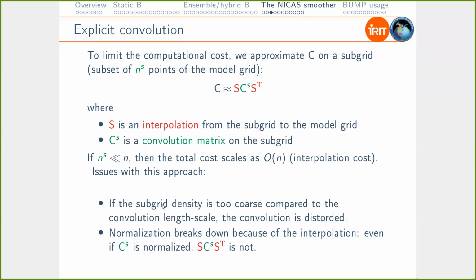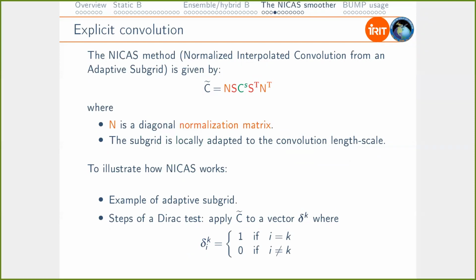And also the normalization will break down, even if the central operator is normalized. When it's interpolated back on the model grid, it's not normalized anymore, so the diagonal is not 1 anymore. So the Nicas method is given by this formula, where we have this interpolated convolution, and then it's normalized to have exact ones on the diagonal.